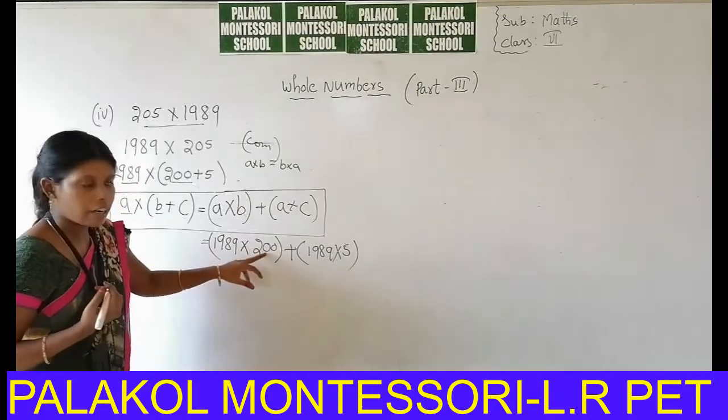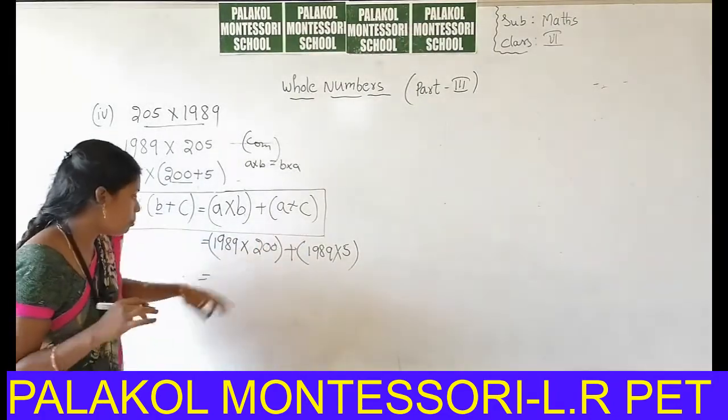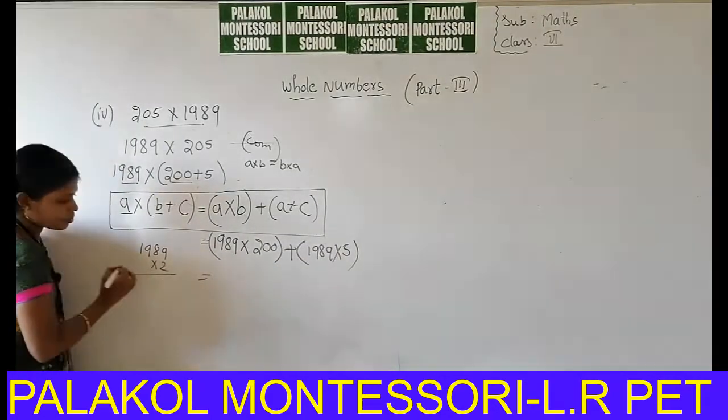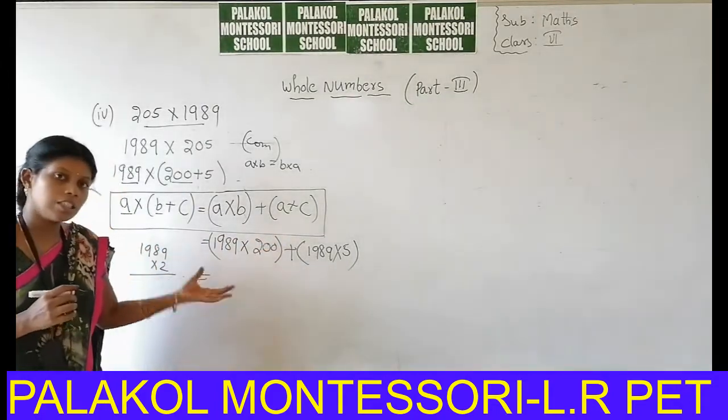1989 into 200. So we can close these two zeros. So what is the number? 1989 into 2. We multiply these two numbers, and after that you can put the zeros in the result.